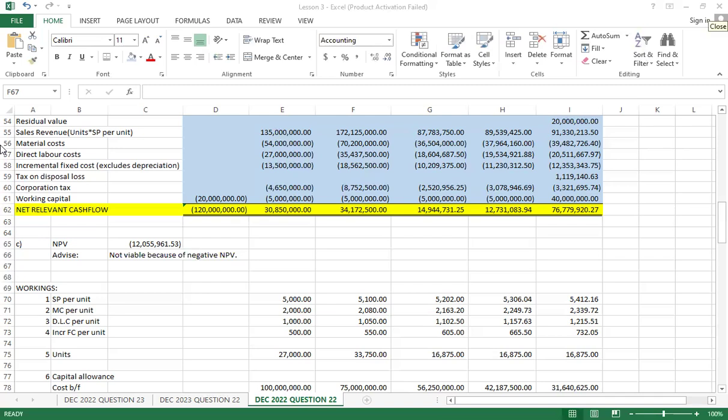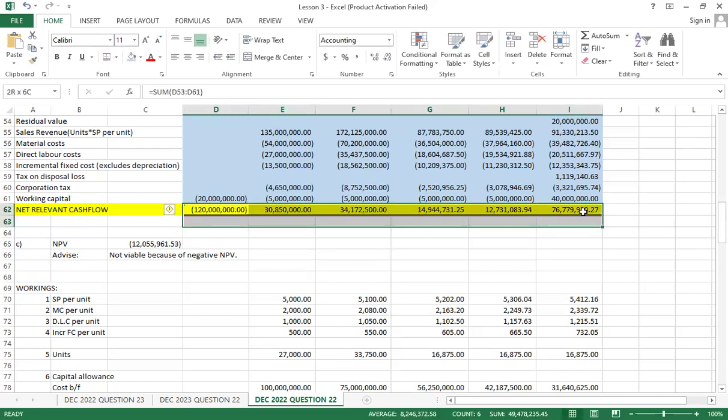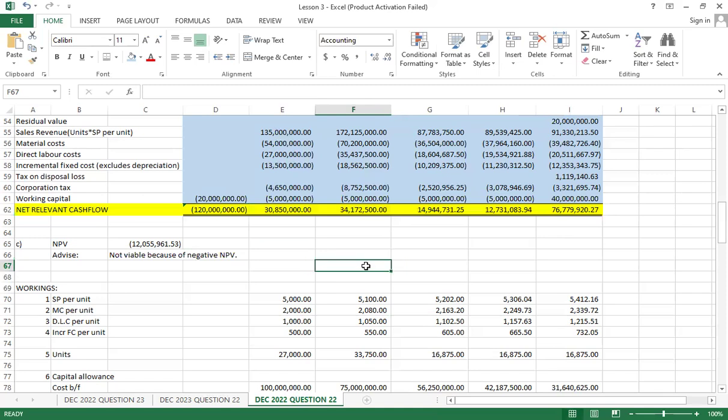Meshak, we are doing NPV for the nth time. Yes, that formula. Do you have the same cash flows first? Yeah, they are similar. You are sure? Yes, I started with negative 120 and then I finished with 76 million.